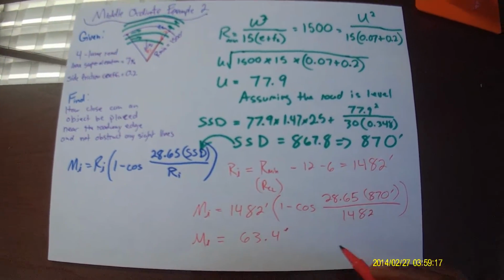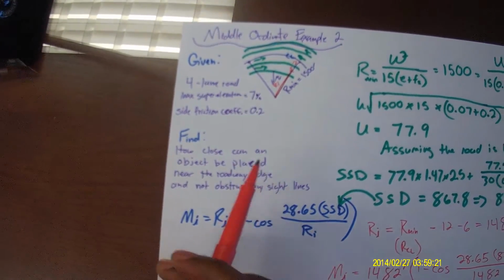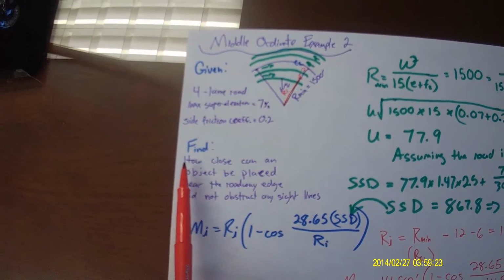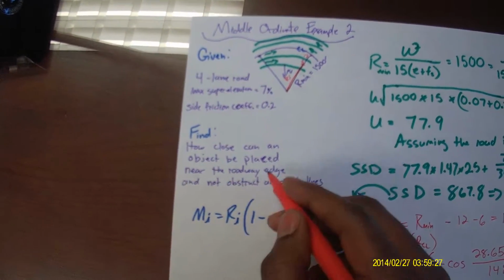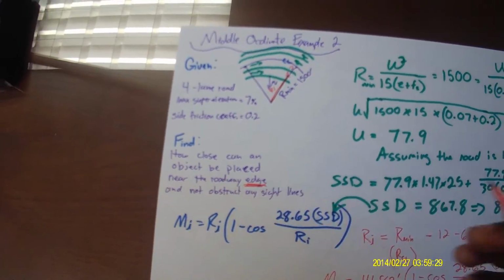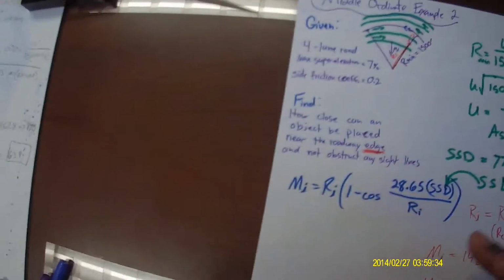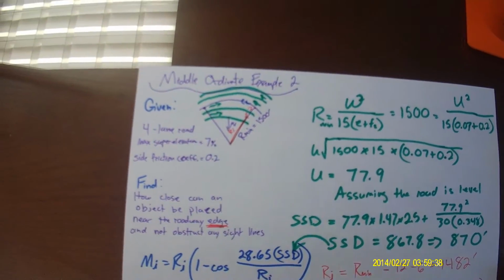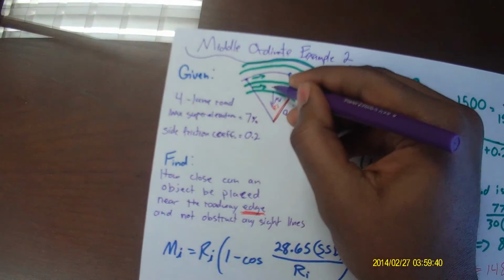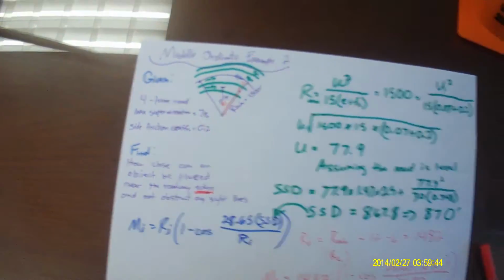Now, if you refer back to the question, that doesn't really answer what was being asked. It says, how close can an object be placed near the roadway edge? What we actually found was the M sub I, which was measured from here all the way down.